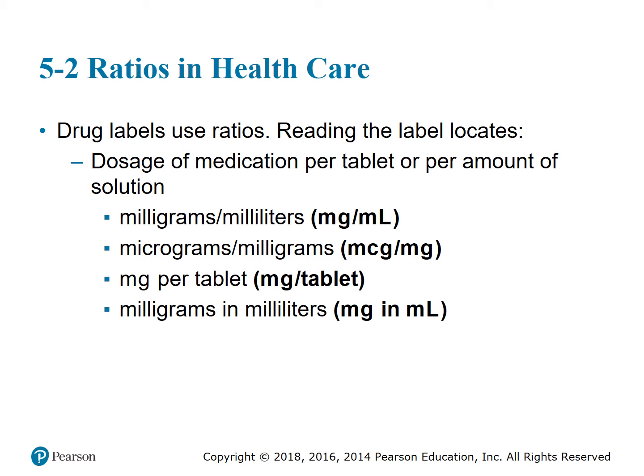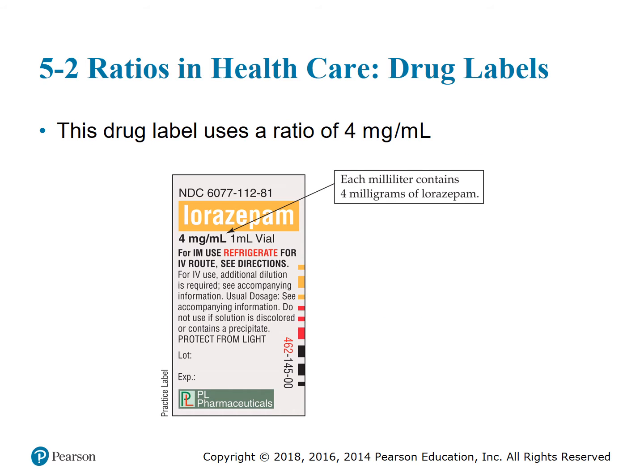So careful reading will help you to identify which is in each tablet or each milliliter of medication. Check out this drug label. This drug label is for lorazepam, and it says here that each milliliter contains 4 milligrams of lorazepam.